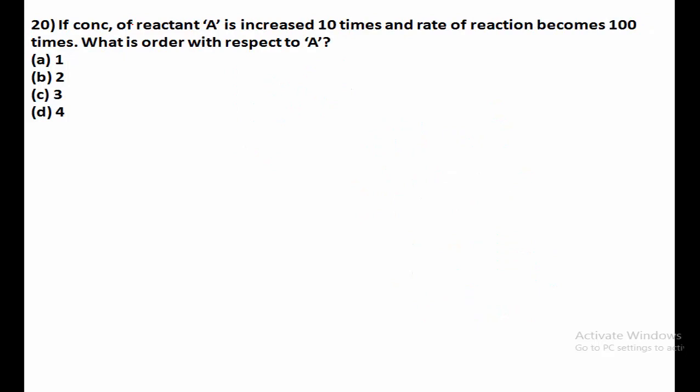20. If the concentration of reactant A is increased 10 times and the rate of reaction becomes 100 times, what is the order with respect to A? How will you write the rate expression? Rate is equal to K into A raised to n.